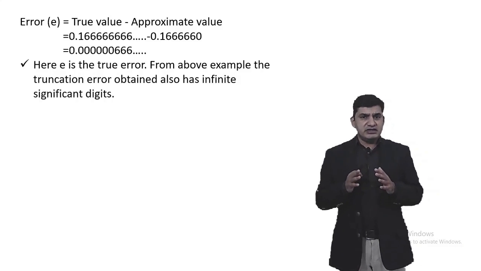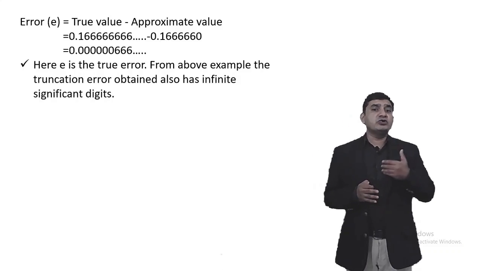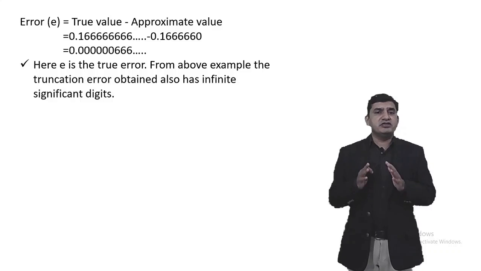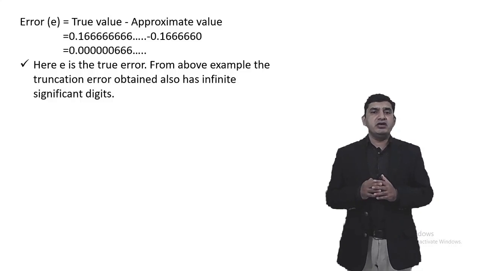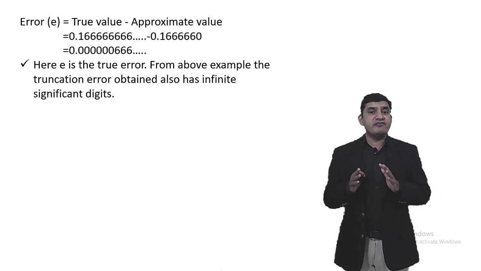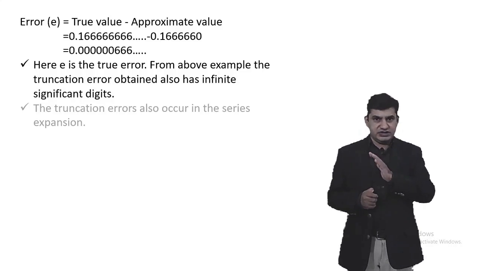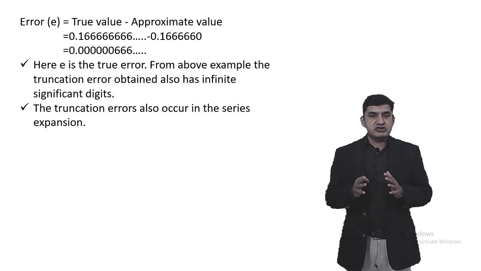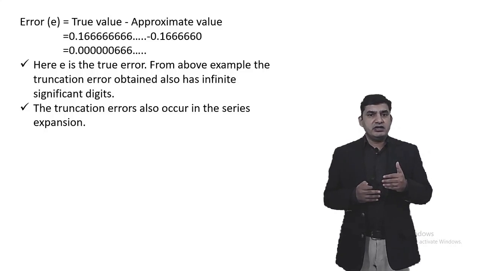Hence error E is a true error. From the above example, the truncation error obtained also has a finite significant digit. The truncation errors also occur in a series expansion.